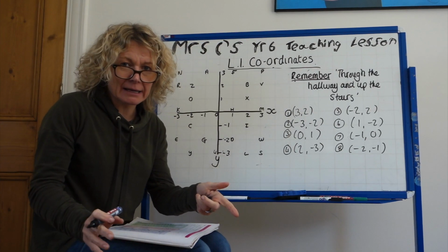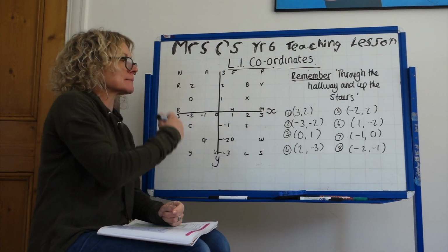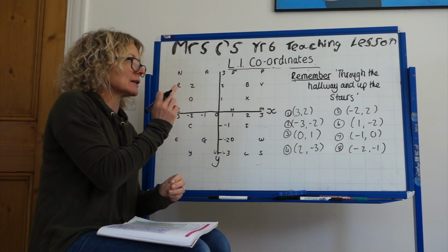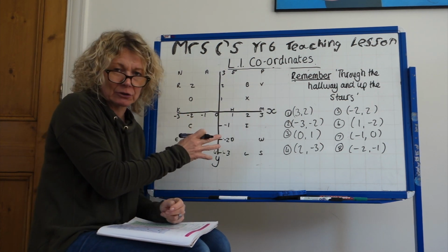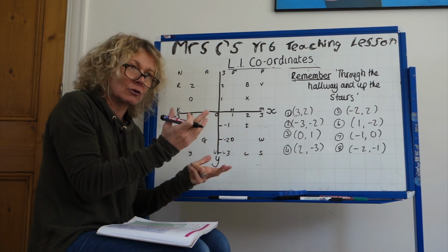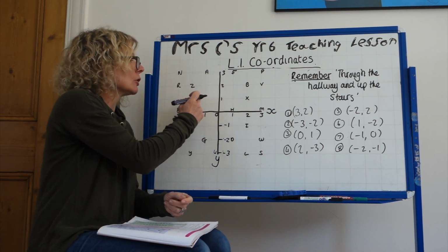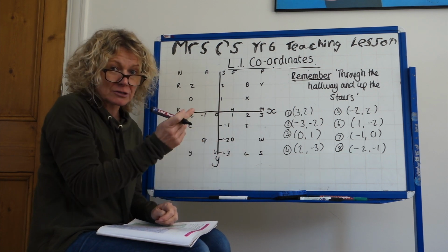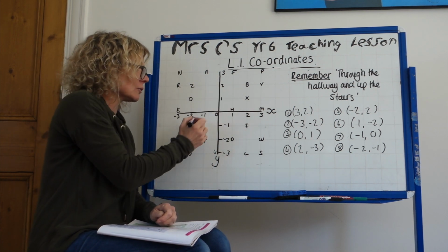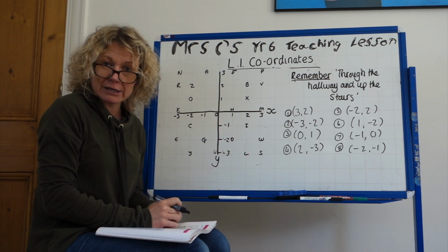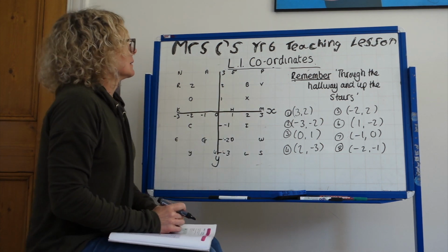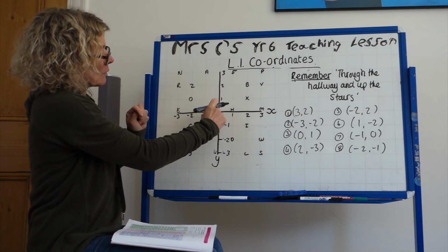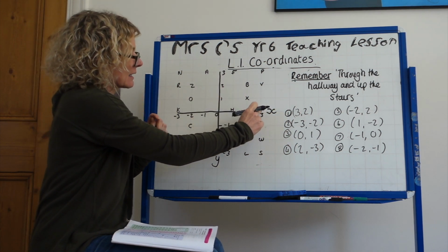Okay, hi, welcome back. Okay, so this is looking a little bit more complicated now, but don't worry. This is more of a Year 6 SATS level grid now, or graph. It's called a 4-quadrant graph because it's got 4 sections to it, okay? So this is the positive numbers bit, this part of the y-axis and this part of the x-axis.